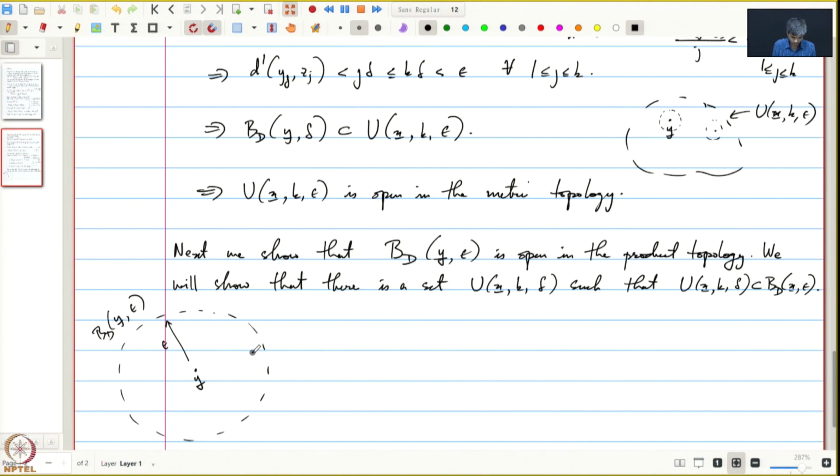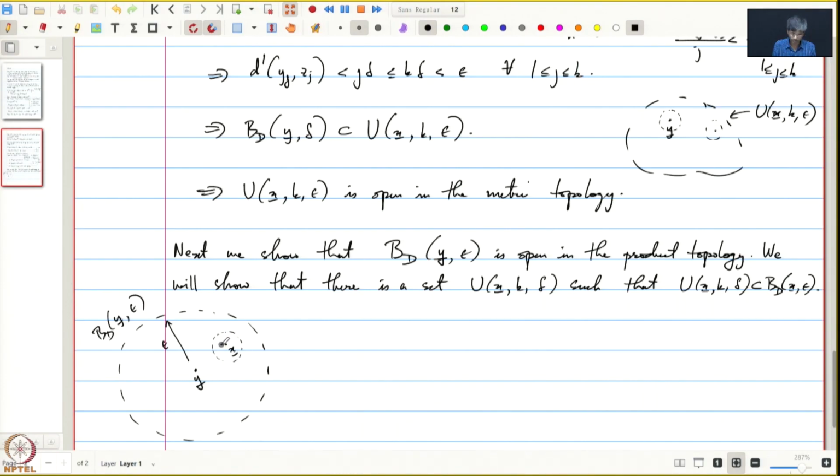We can do that if, given any point x bar in the set, we can find a set U which is open in the product topology and completely contained inside this ball. We can do that for every x in the set and take the union of those, and it will show that B d y epsilon is open in the product topology.